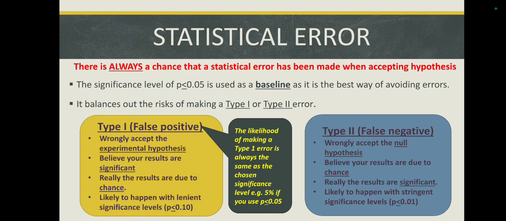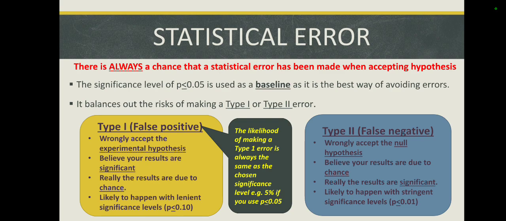So if you ever get a question where it's asking you to work out the likelihood of the researcher having made a type 1 error, the answer is already given to you, because it is always the same as the significance level that's being assigned. Traditionally, remember, that's 0.05. So usually when they've asked you that kind of question, you would be able to confidently say the risk of having made a type 1 error would be 5% if 0.05 has been used.